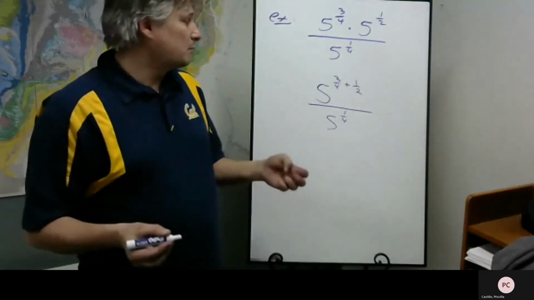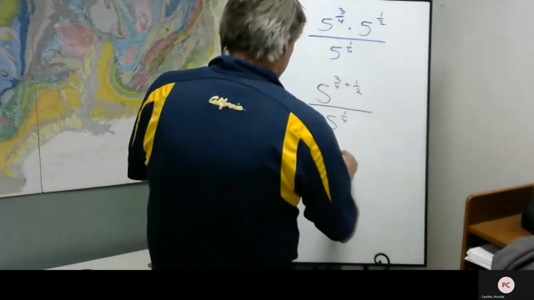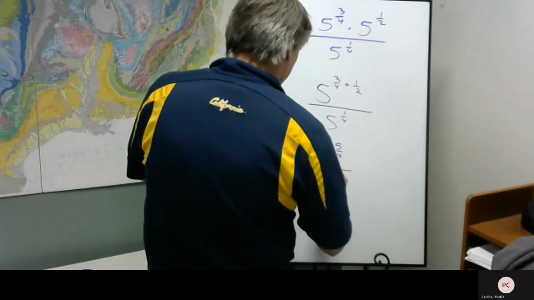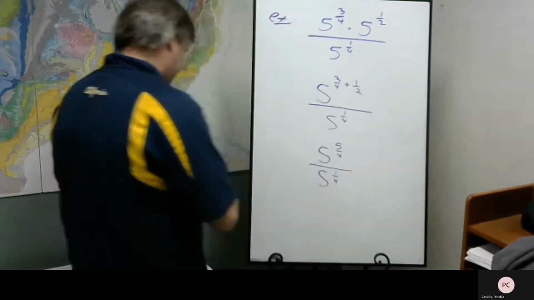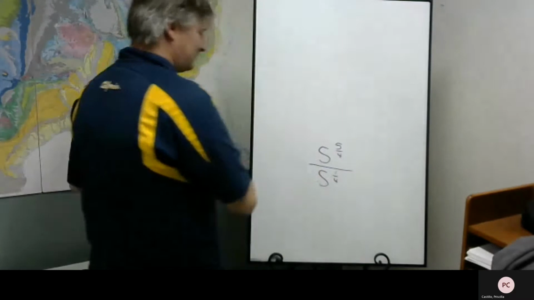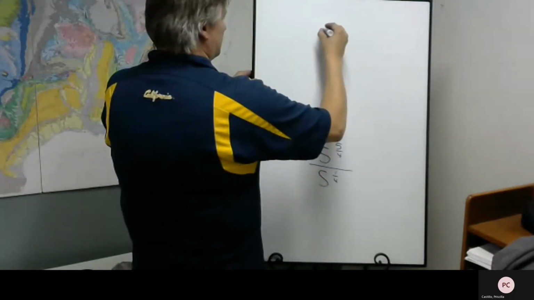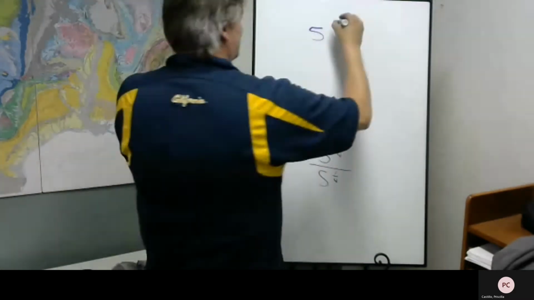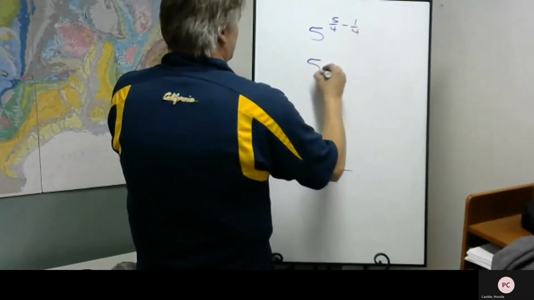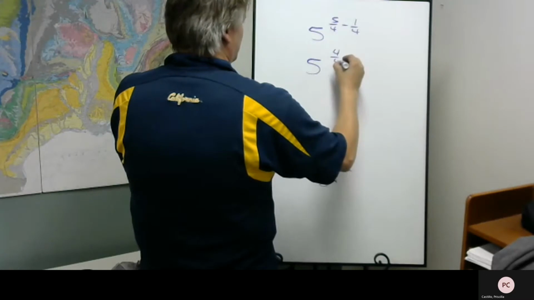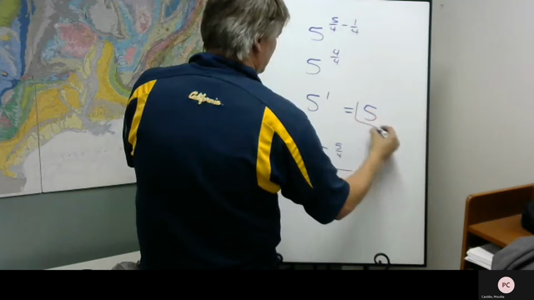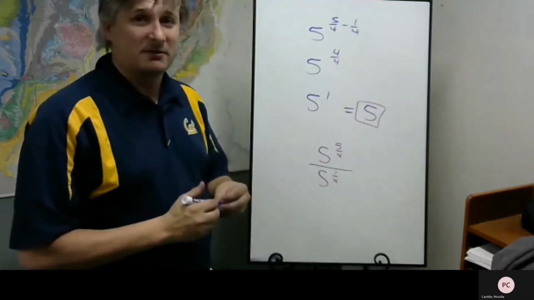Now 3/4 plus 1/2, that's 5 to the 5/4 over 5 to the 1/4. And this will be equal to, again, using those properties, 5 to the 5/4 minus 1/4, or 5 to the 4 over 4, or 5 to the 1, which is just equal to 5.